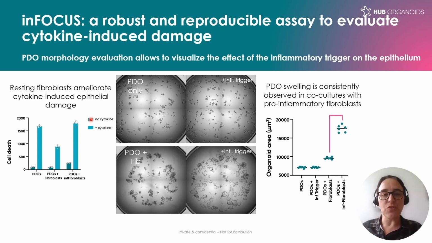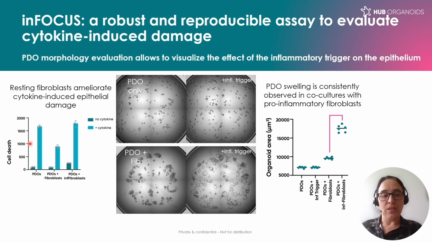So if we go to conditions where there is no damage to the epithelium and look at the viability between PDOs and fibroblasts, or PDOs with fibroblasts triggered with inflammatory cytokines, we don't see significant differences. Of course, there is a slight increase in cell death of organoids, but very minimal.